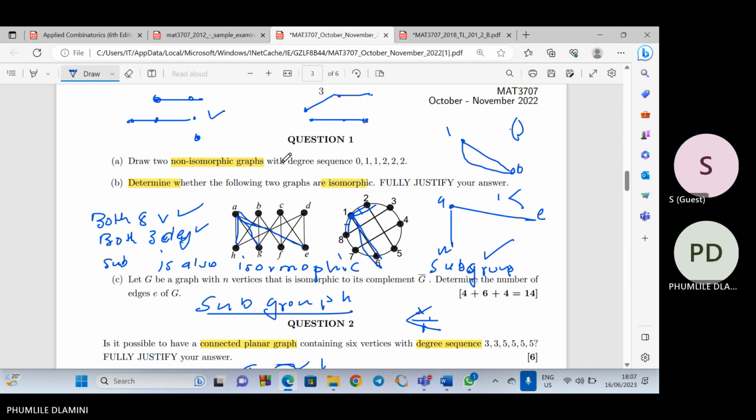Okay, thank you. I see another question paper there. Let's touch the other one there. Let G be a graph. Let me just open it. I want to check. Okay, this is the memo of 2015. I don't have the question paper there. I think you sent only the memo.